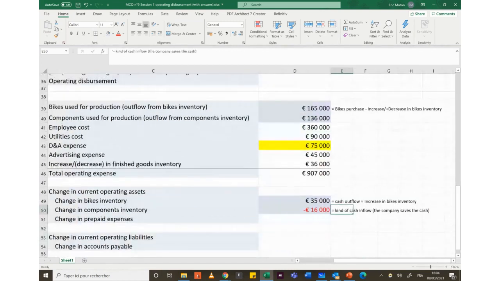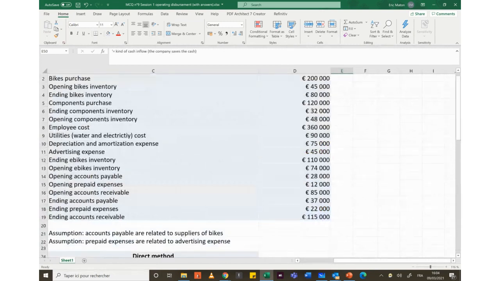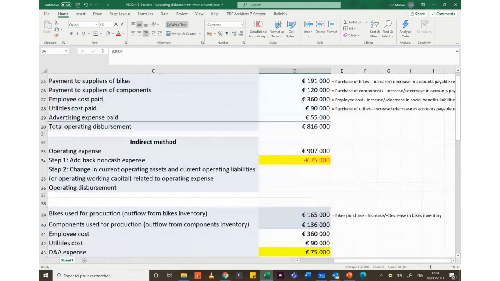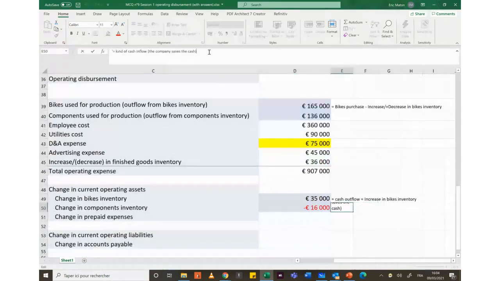Here, for the components inventory, we start from 48, we finish with 32. So we take 16 from the inventory. So here we do the reverse. Okay, so kind of cash inflows, it's equal to minus, we have a minus decrease in components inventory.